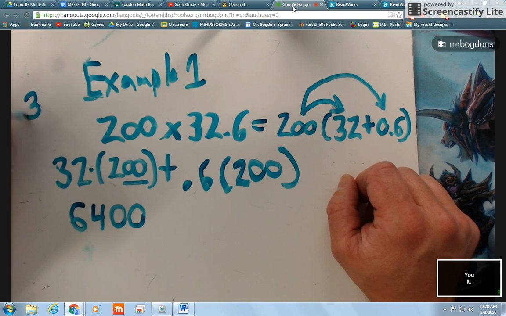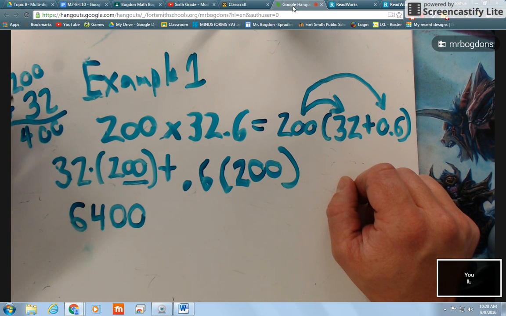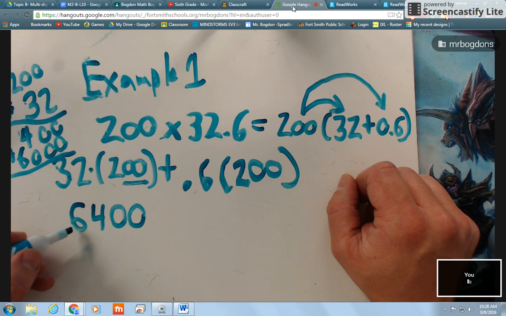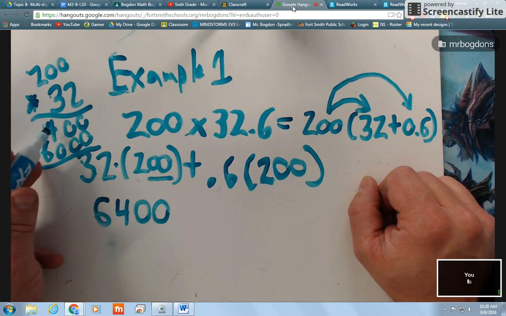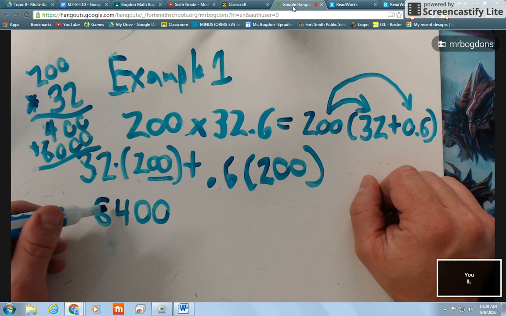And I could go over here and rewrite this, 32 times 200. And then I go 0 times 2, 0 times 2, 2 times 2, which is 4. And then I'm in my tens place, so I have to add a 0. Then I go 3 times 0, 3 times 0, 3 times 2. And then when I add these two partial products together, what's my product?